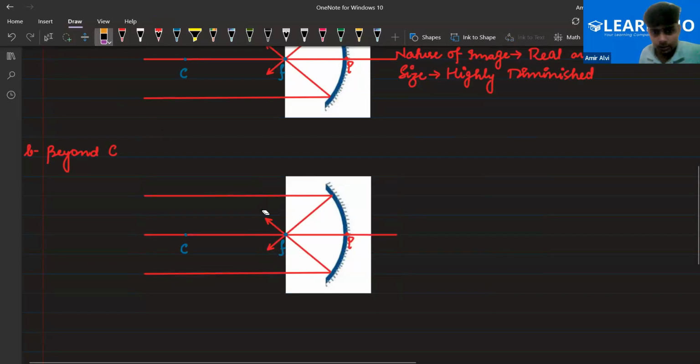I'm going to erase these things. Now the object is beyond C. This would be like this.